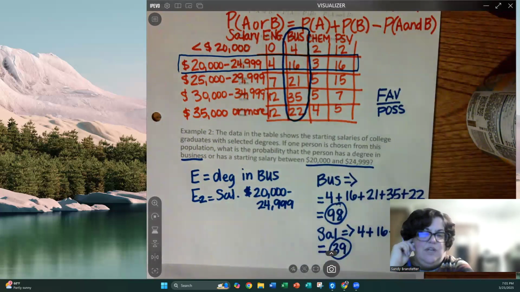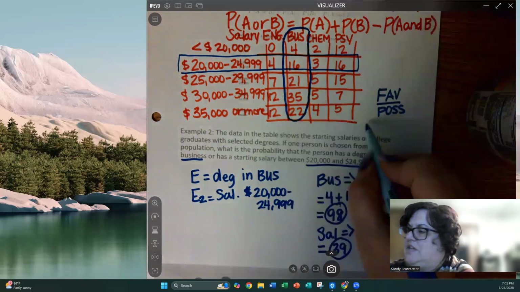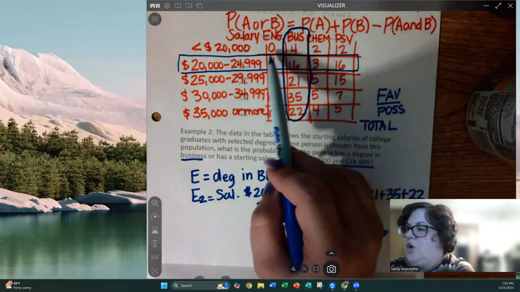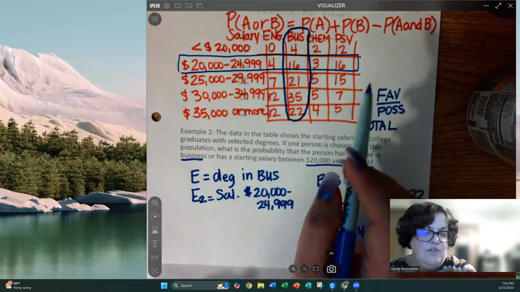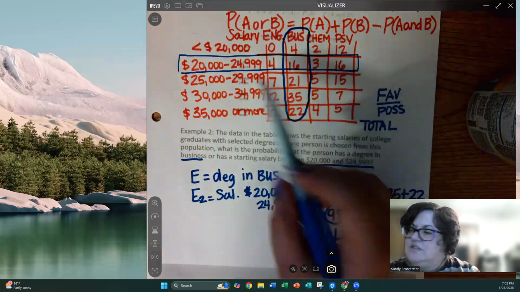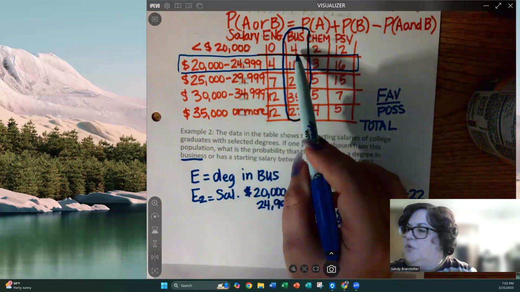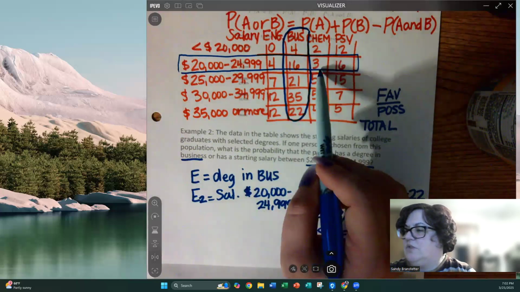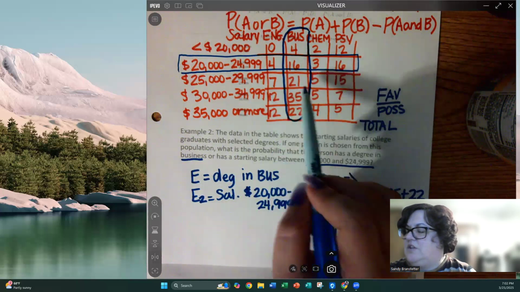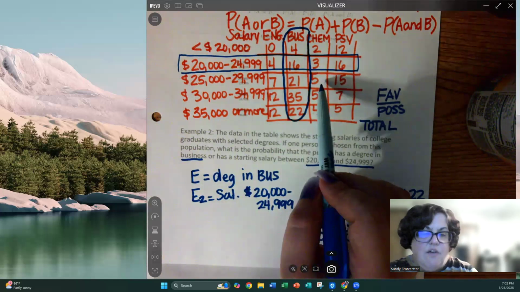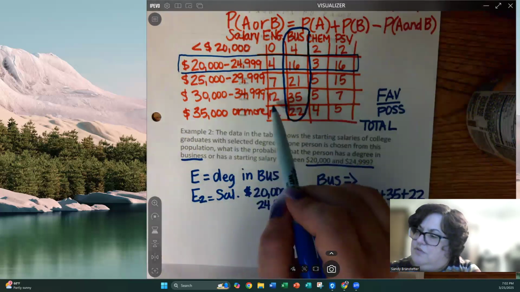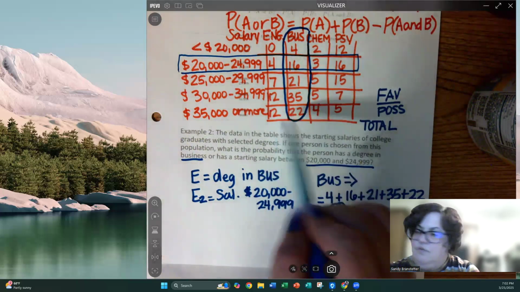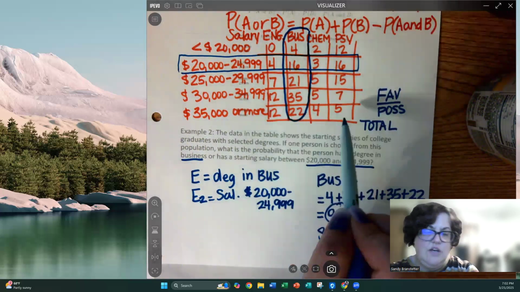And then the last thing we need is the total from the table. So we need to add up all of these numbers. So starting with this 0 in the corner, 4, 2, 12, 4, 16, 3, 16, 7, 21, 5, 15, 12, 35, 5, 7, 12, 22, 4, and 5.